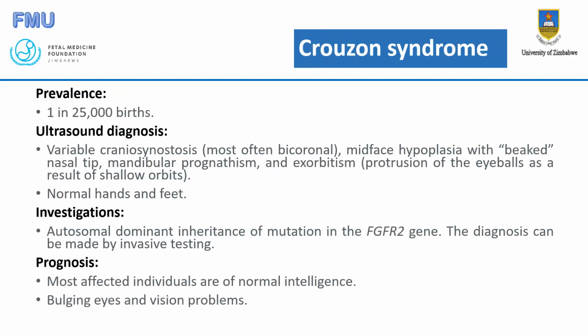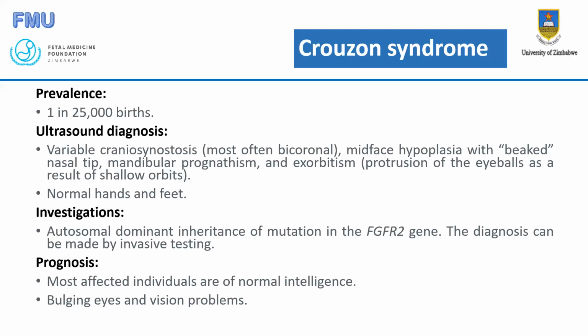And exorbitism, which is protrusion of the eyeballs as a result of shallow orbits, which is different from the other one, right? Ophthalmologist or something like that. So exorbitism. So be aware of these words. Sometimes we say right exorbitism, and you wonder what is prognathism.